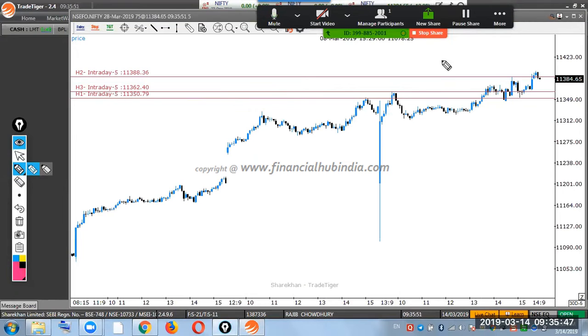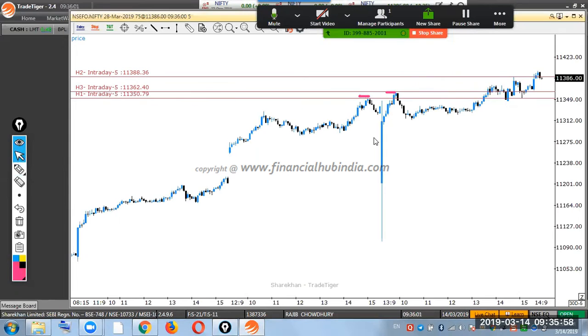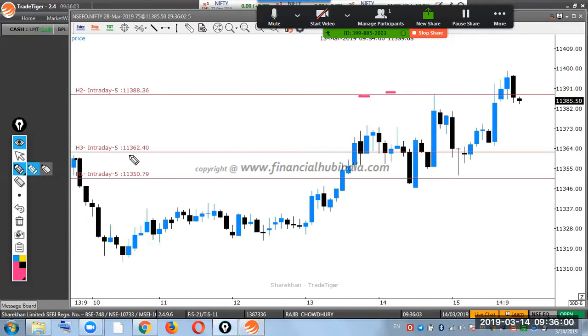There are people I've seen getting confused about whether just trading above this by a few points is a right breakout we can consider or not. That's the query. At the same time, you can see similar things happening here. This is a resistance, so this candle worked out, this candle worked out. So is it a breakout? It's not a breakout.